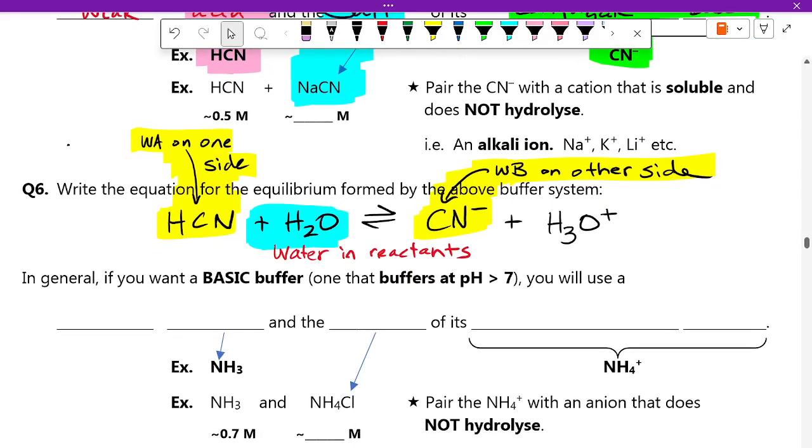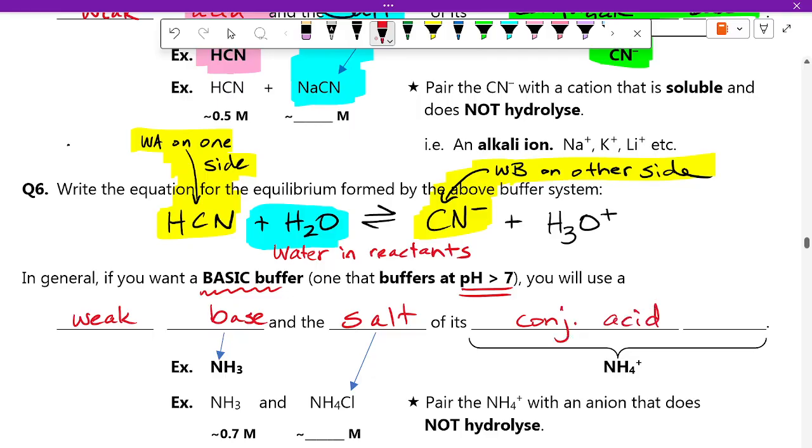So in general, if we want a basic buffer, one that buffers above pH 7, what will we use? A weak base and the salt of its conjugate acid. So a weak base.